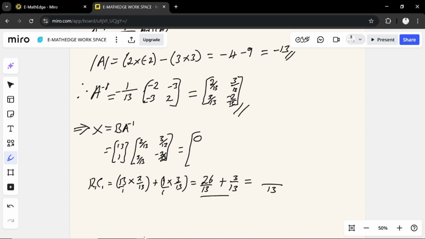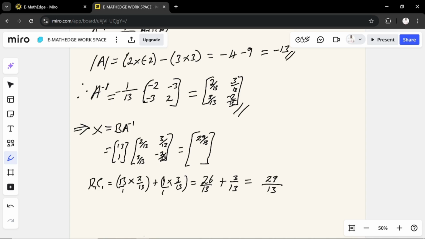So since we have the denominators to be 13 and 13, we put down our 13 as the LCM, then we add up 26 and 3, which gives us 29 all over 13. The first element becomes 29 all over 13.